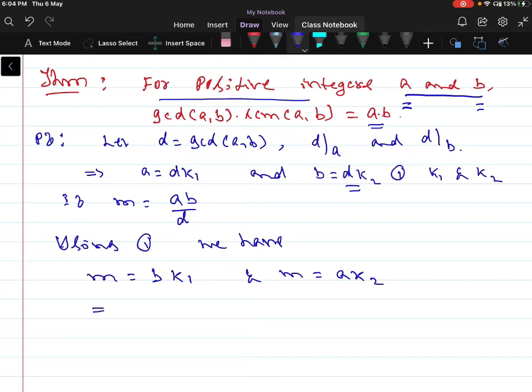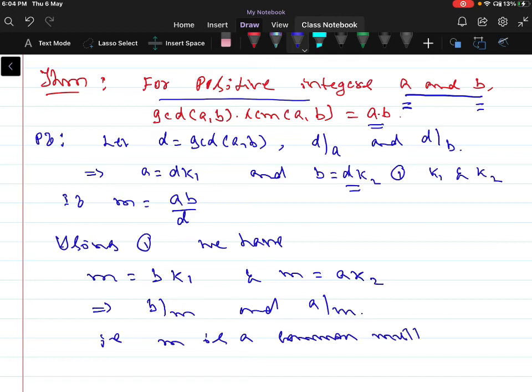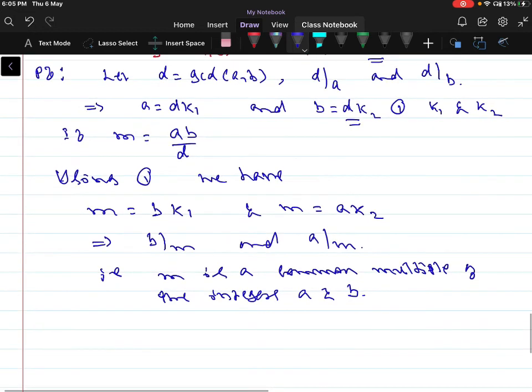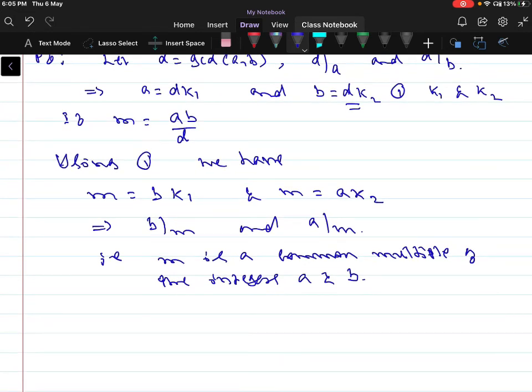So this implies B divides M and A divides M. So M is a common multiple of the integers A and B.